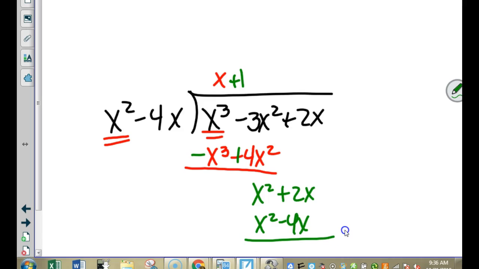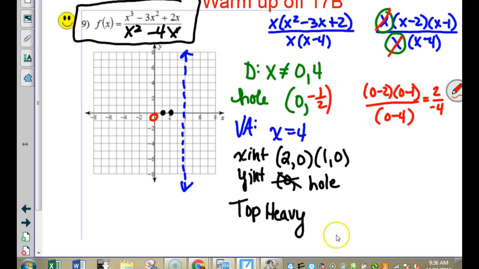Do I need to keep going? Anything down here is going to be remainder, and it says we can ignore the remainder. So what do I have for my end behavior equation? It needs to be an equation, so y equals x plus 1. So it crosses here at 1, and it's going up 1 and over 1. Thank you.